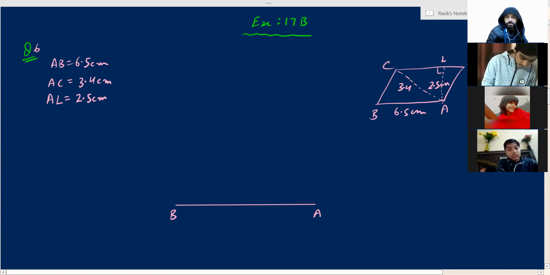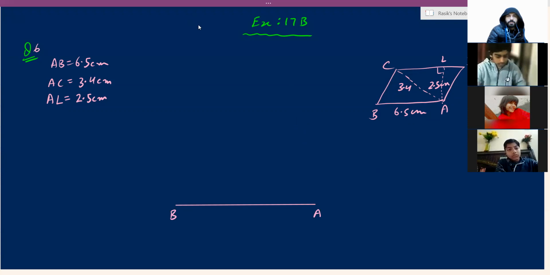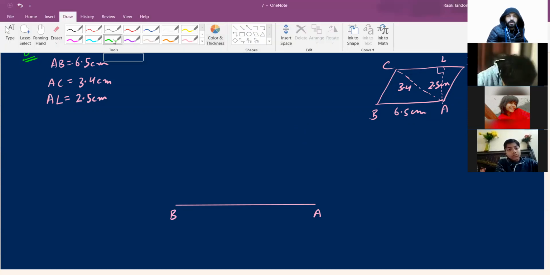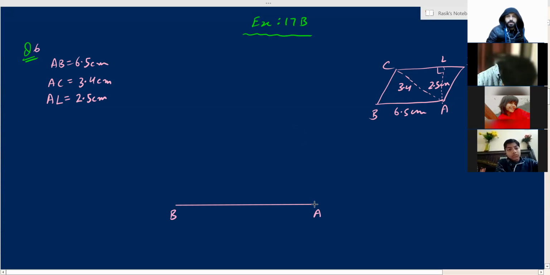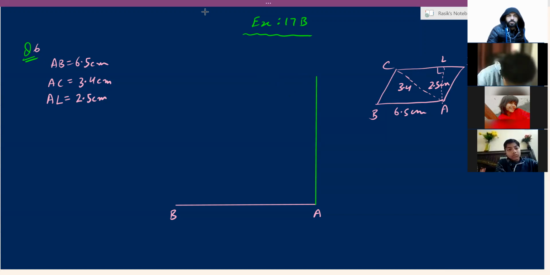Because otherwise if we use a compass, the figure will become very congested and look hodgepodge. So only for this question we are using a protractor to construct a 90-degree angle. Draw a perpendicular line from vertex A like this.